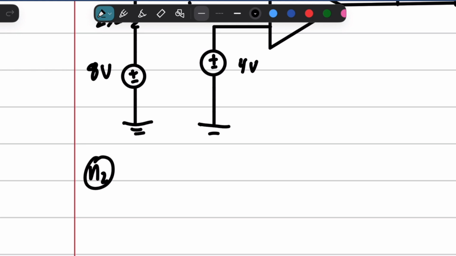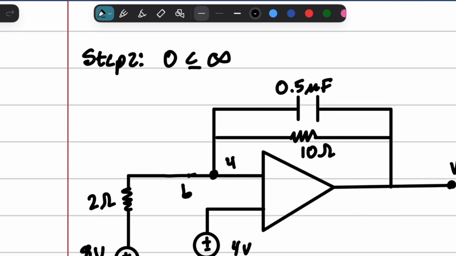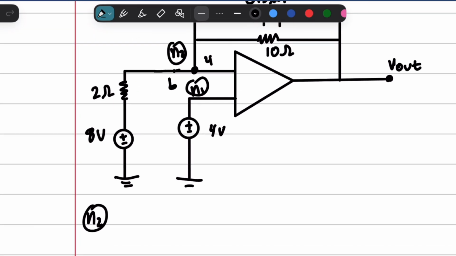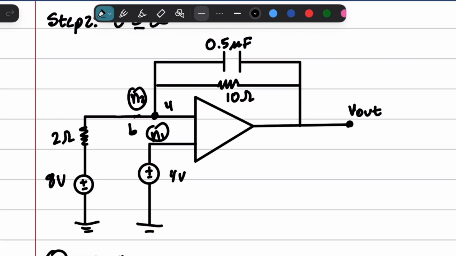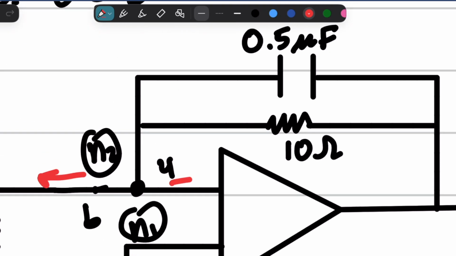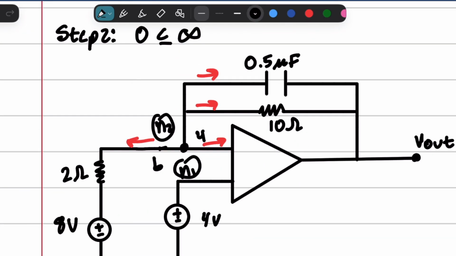We're at node 2, and I'm going to call this node 2 because this is node 1. We're going to go ahead and just solve this like normal. We have that one current right here, this one current right here, which is 0, one current here, and one current here. So we expect 4 terms.